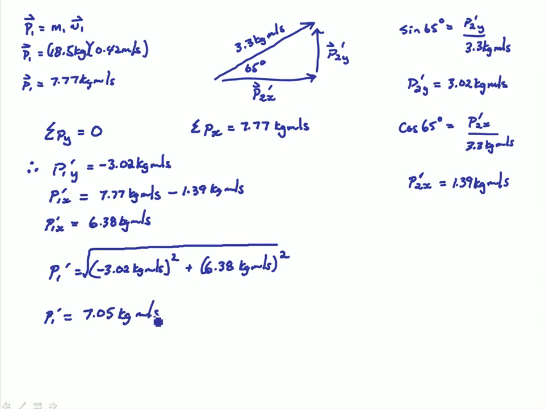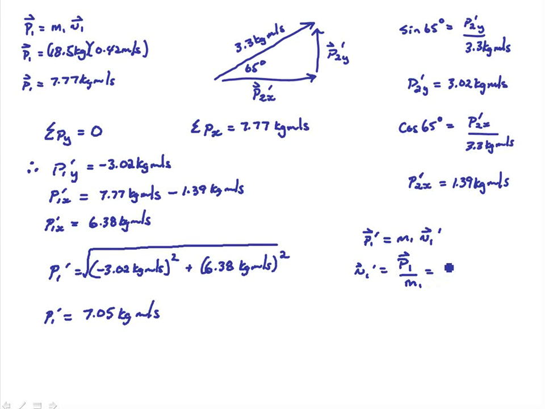kilogram meters per second. Still not done, because we also know that momentum of object 1 after will be the mass of 1 times the velocity of 1 after. So the velocity of object 1 after will be equal to momentum of object 1 divided by mass of 1.